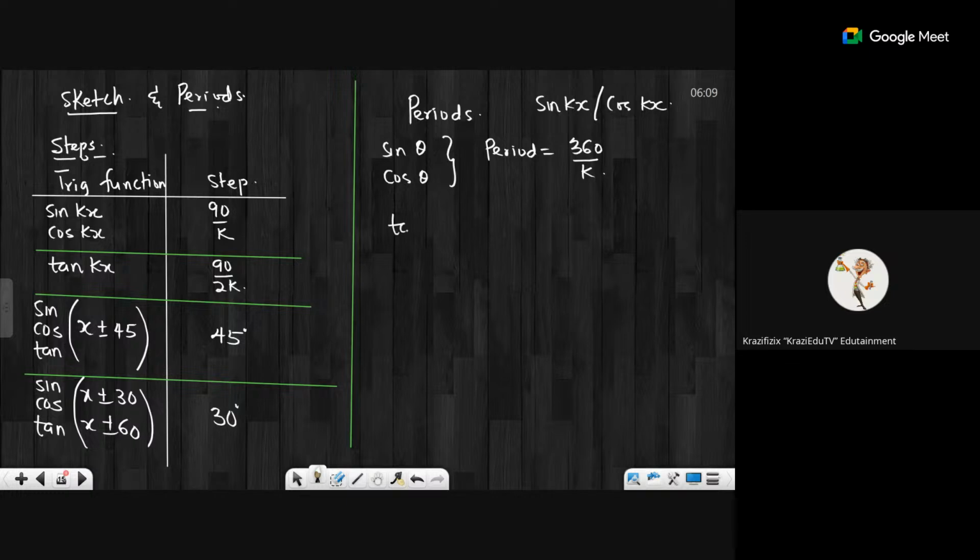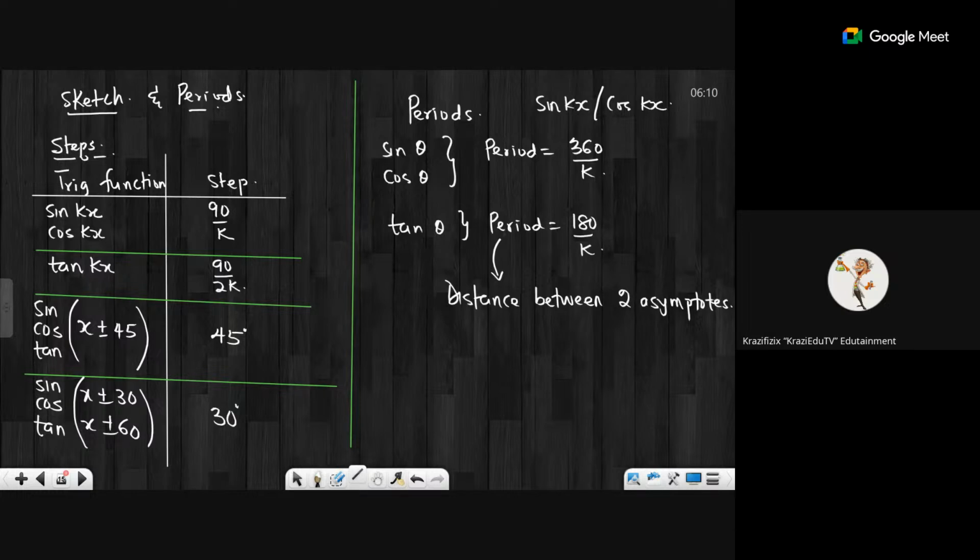But for tan theta, right, the period is 180 over k. And for tan, the period of a tan graph, you can also graph, is the distance between asymptotes. Interesting. Distance between asymptotes. Oh, guys, I am going to answer questions now.